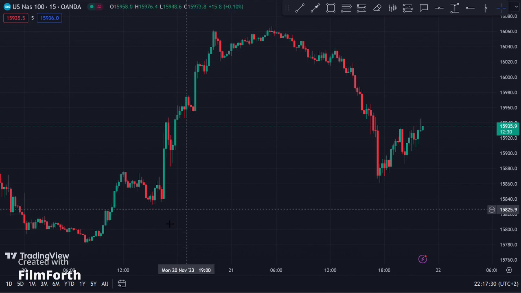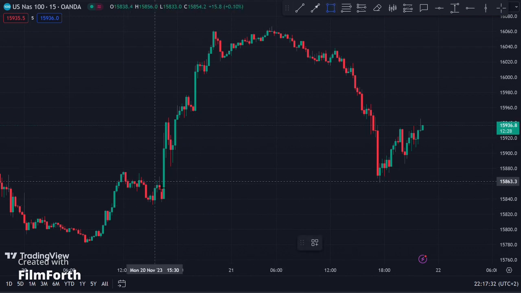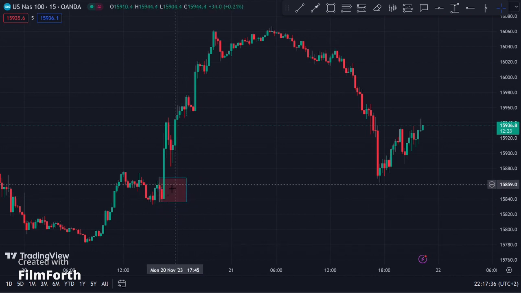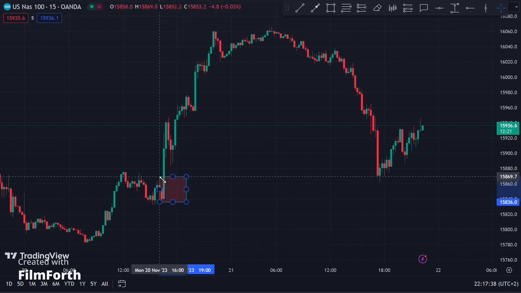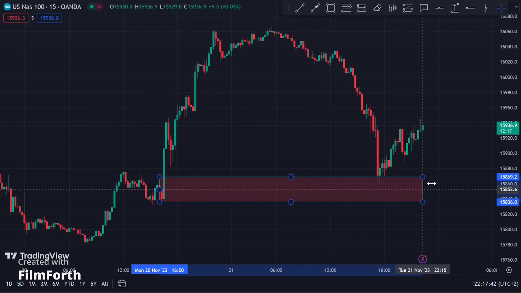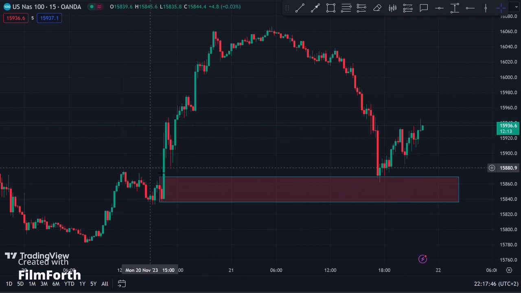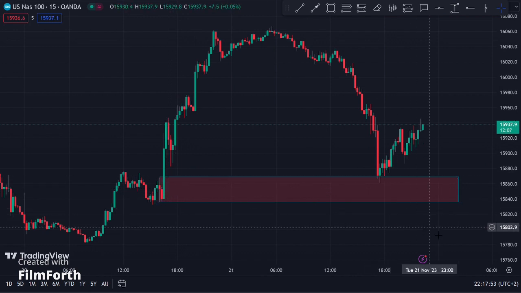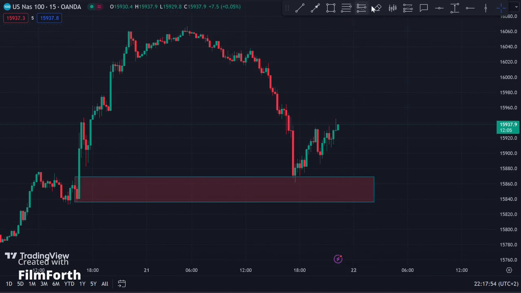So the red blocks are gonna be our order blocks, right? This is the order block right here, the whole order block. And the mean threshold of our order block is the 50% mark. So here's this Fibonacci retracement.